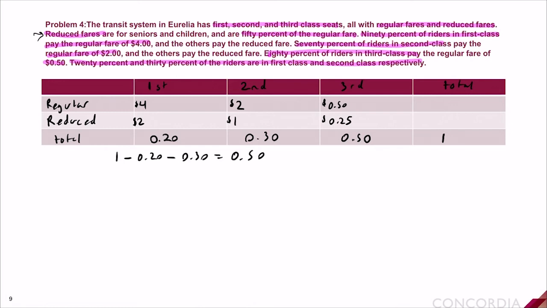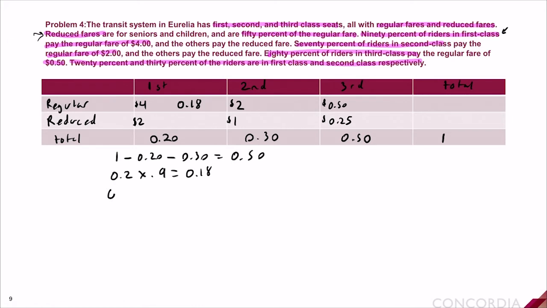The problem then starts to break down the order between reduced and regular price. Here, it tells us that 90% of the first class riders pay regular fare. Therefore, if we know 20% are first class, and out of that 20%, 90% pay the full fare, that would mean that 18% of all riders are in first class and pay regular fare.